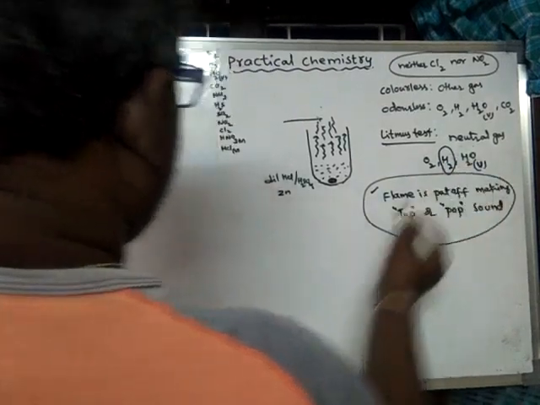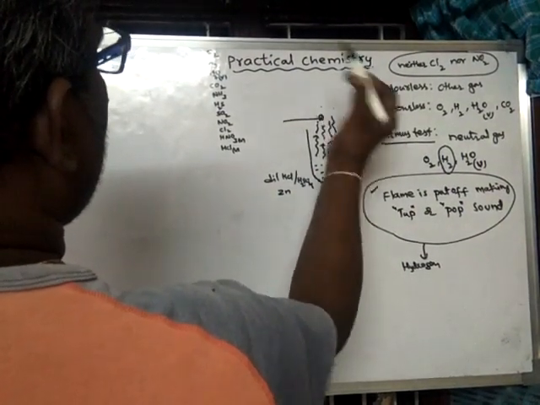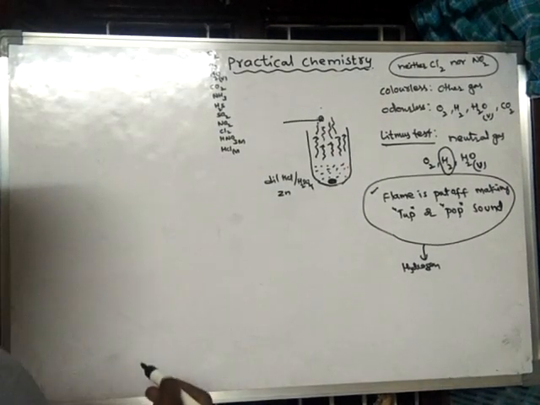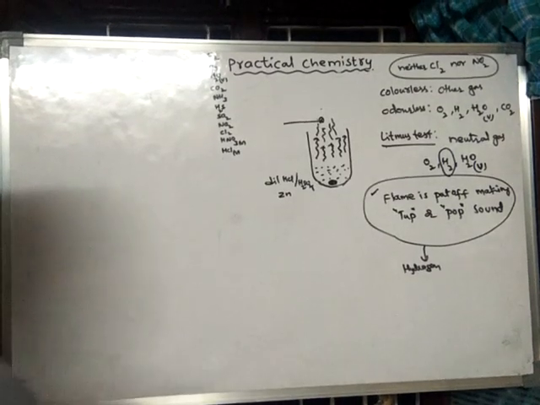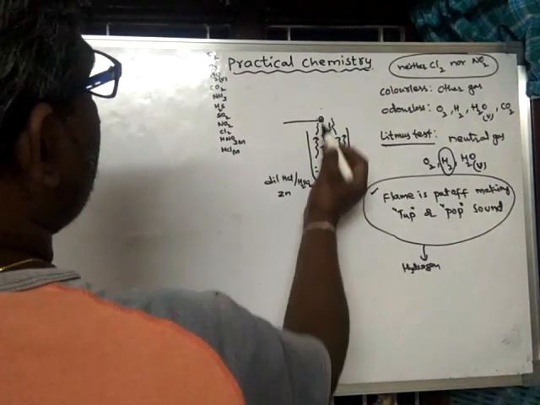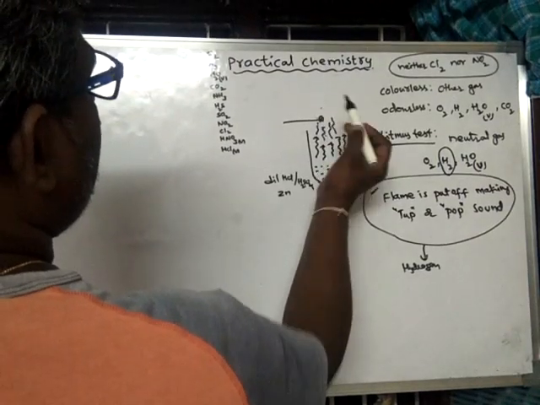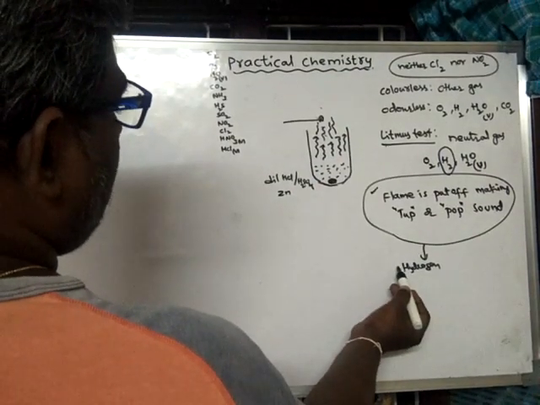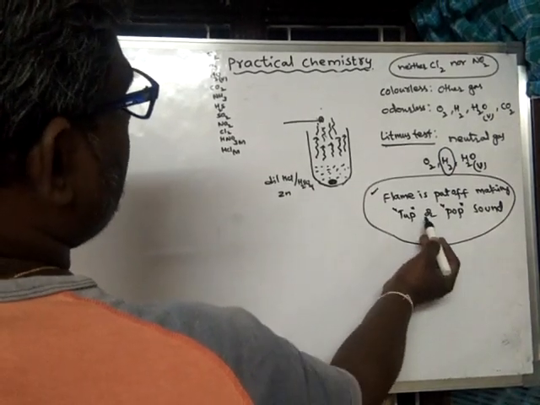The gas is hydrogen. And one more thing. Now the flame is put off. It burns explosively in air with a pop sound. Here this hydrogen has one peculiar property. What is that one? It simply puts off the flame.